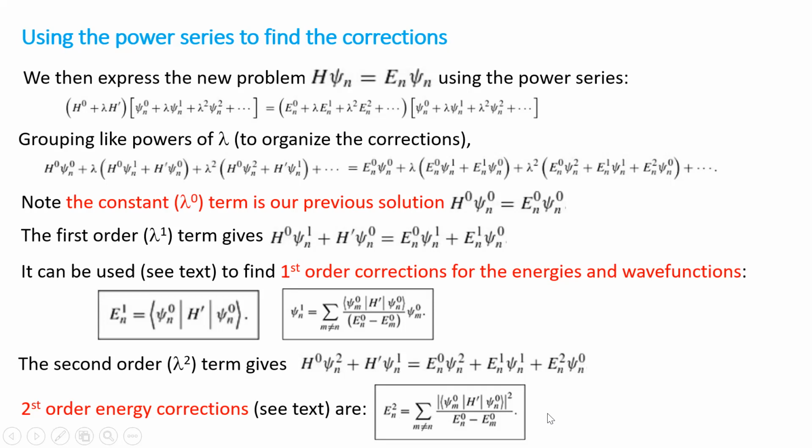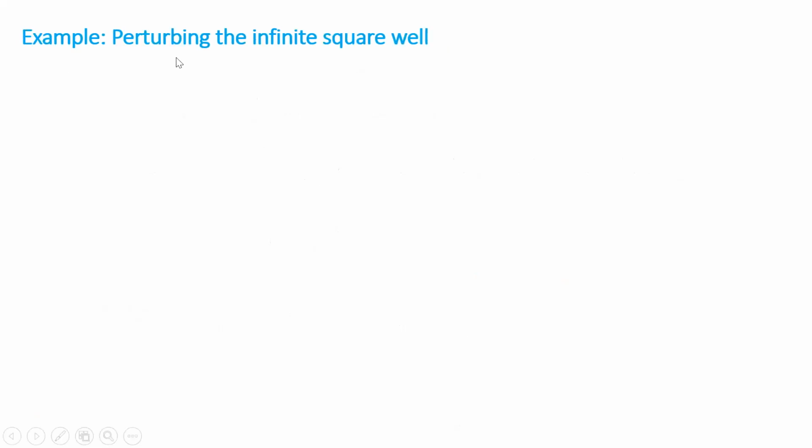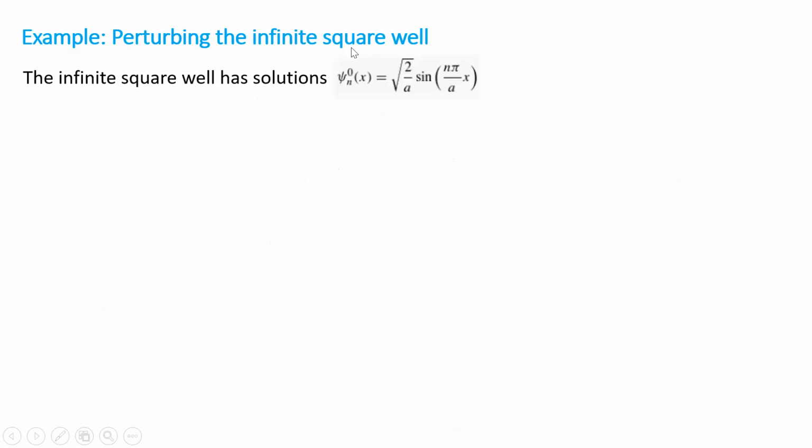Okay, so we have those expressions. Let's look at an example, one that's near and dear to our hearts, hopefully, the ISW, or the infinite square well. So remember, the infinite square well has solutions psi n0 of x is square root of 2 over a times sine of n pi x over a.